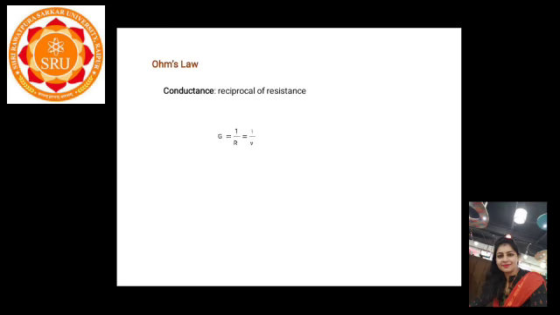Now we will discuss conductance. Conductance is the reciprocal of resistance and is denoted by G. So G equals 1 upon R. As we know, R equals V upon I, so G equals I upon V. The unit of conductance is Siemens.